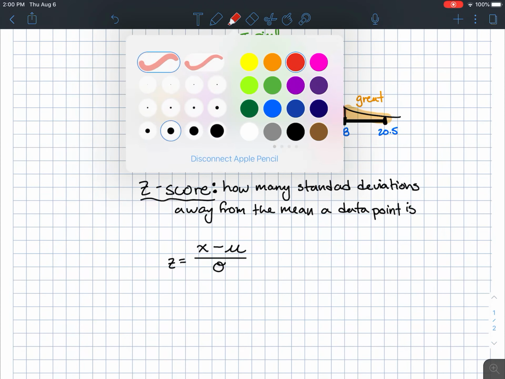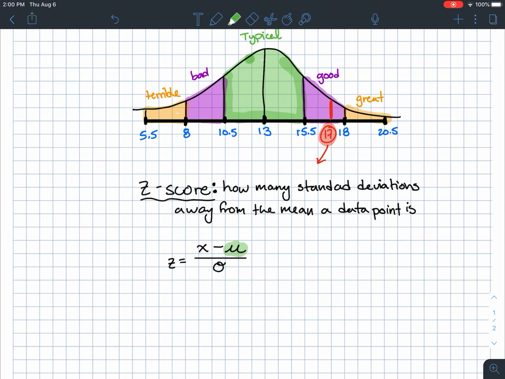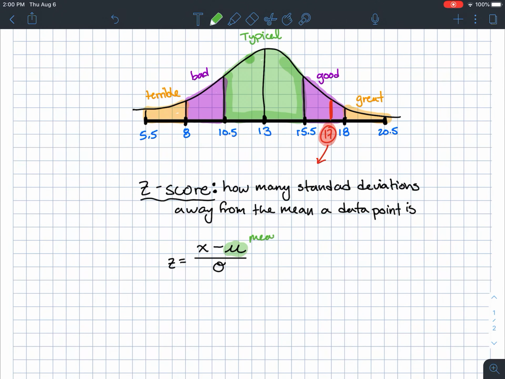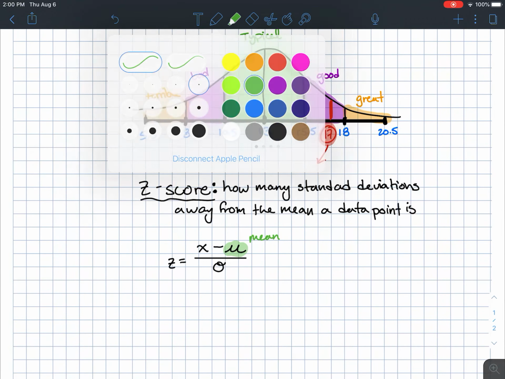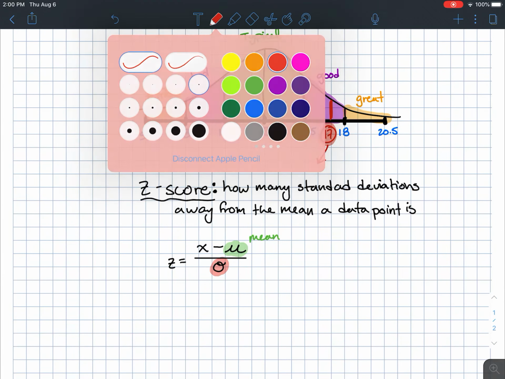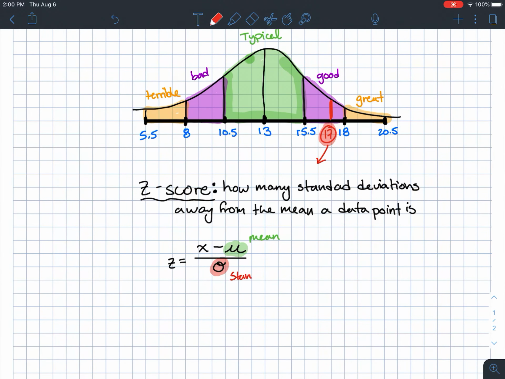And so again, let's just go ahead and mark this so we understand the formula. This is our mean. This is our standard deviation. And these numbers should always be given to you.